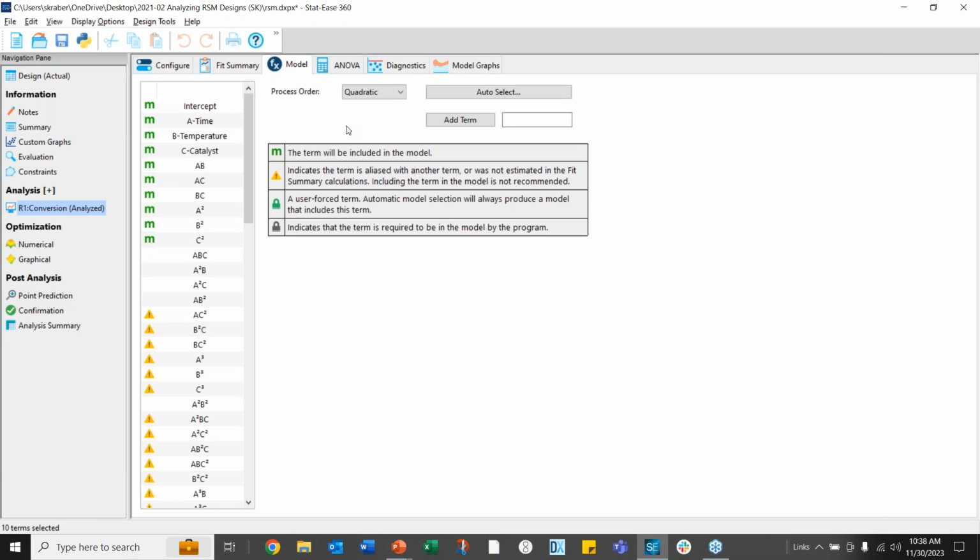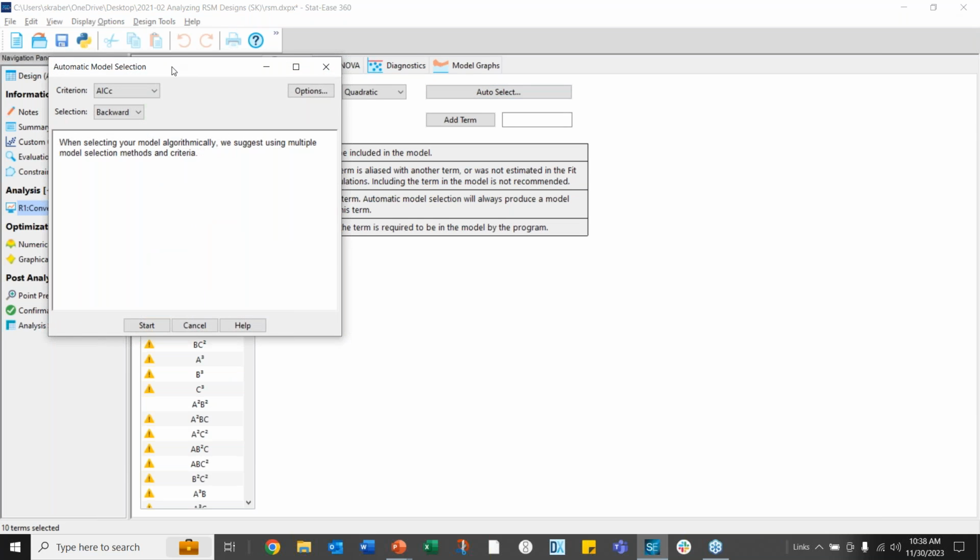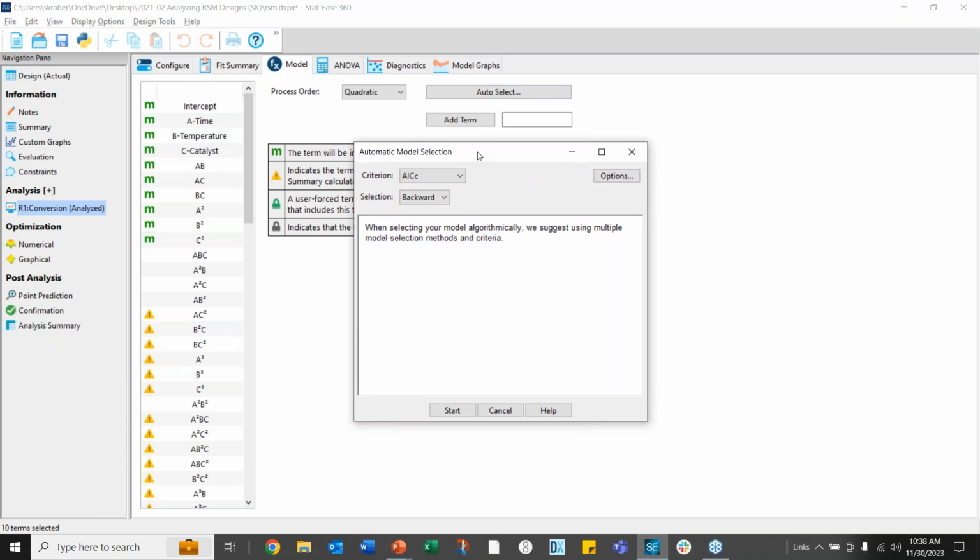And Stat-Ease software has some automatic model reduction methods. They are under this auto select. And I would consider this a best practice to use it most of the time.